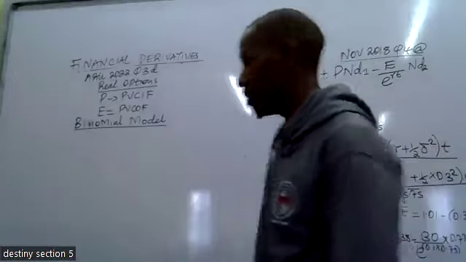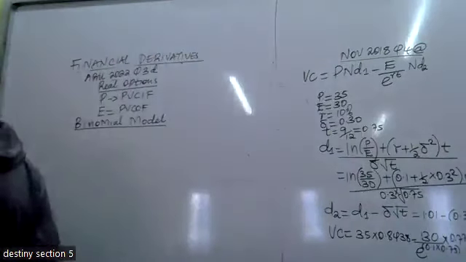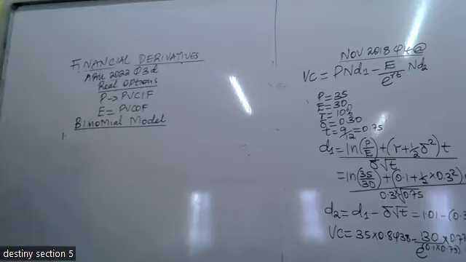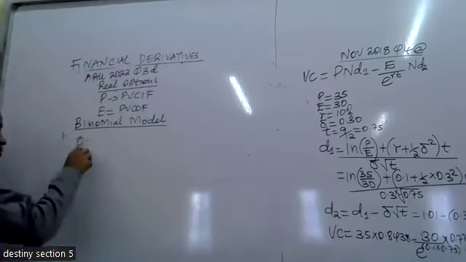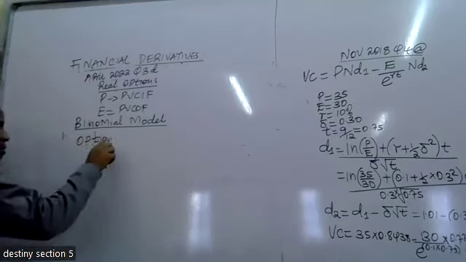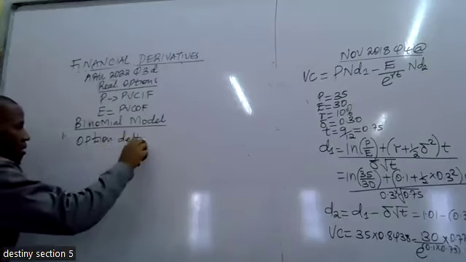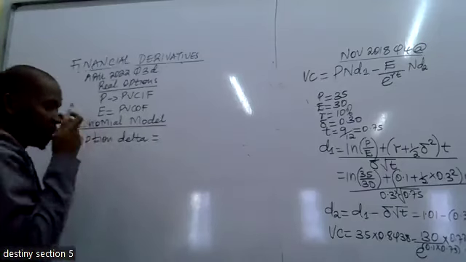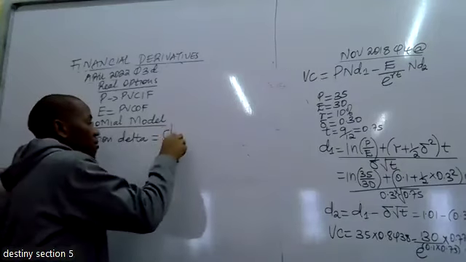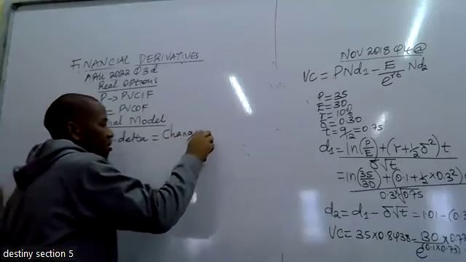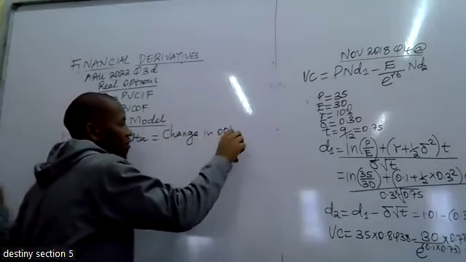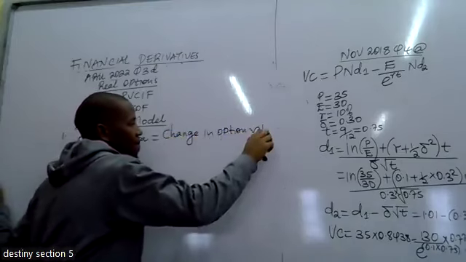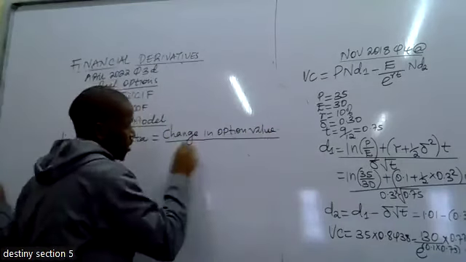Now, steps followed in the binomial. Step one, determine the option delta. The option delta is given by the change in option value divided by the change in share price.